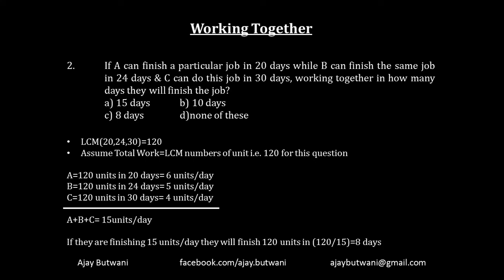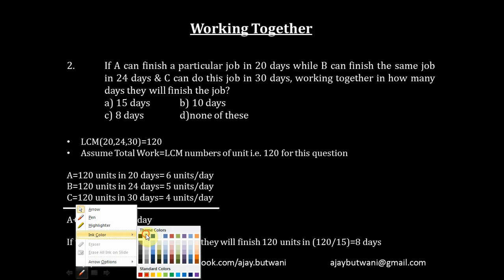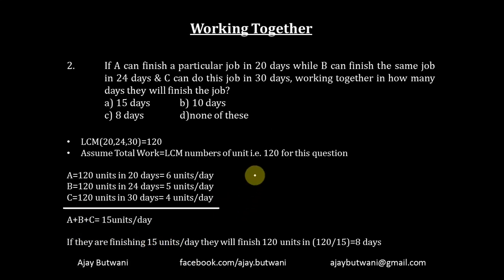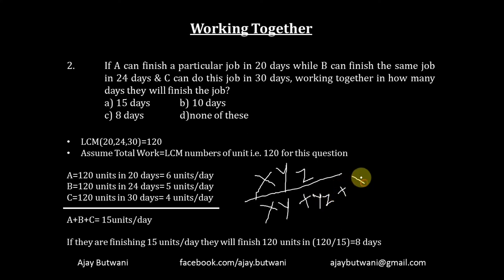Now I would like to tell you, if you are supposed to solve this question using a formula given in many of the books, the formula for this particular question is something like, if A can do the job in X days, B can do it in Y days, and C can do it in Z days, together they are going to do it in XYZ upon XY plus YZ plus XZ days.